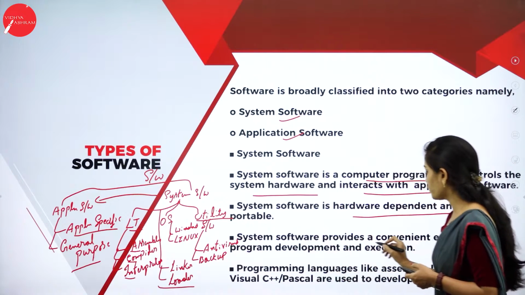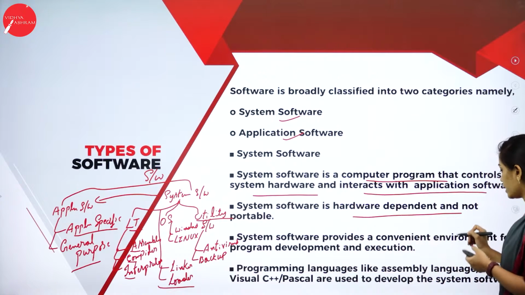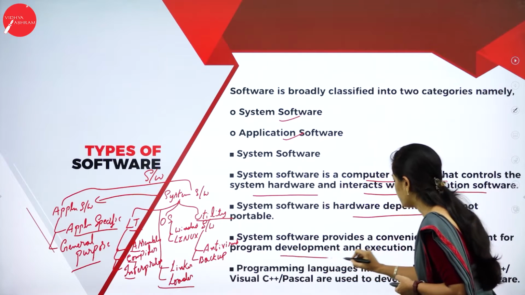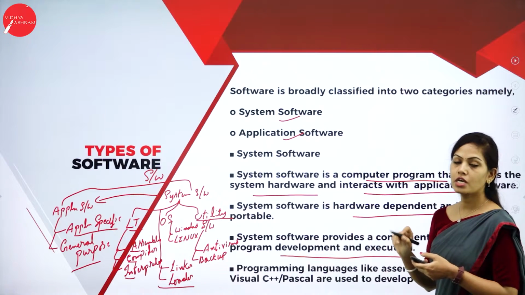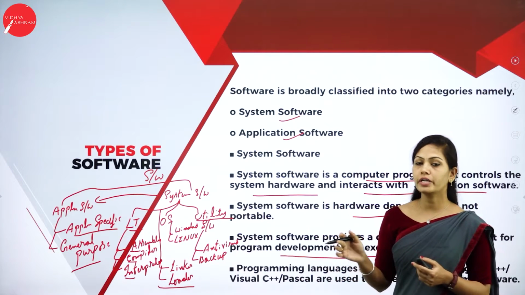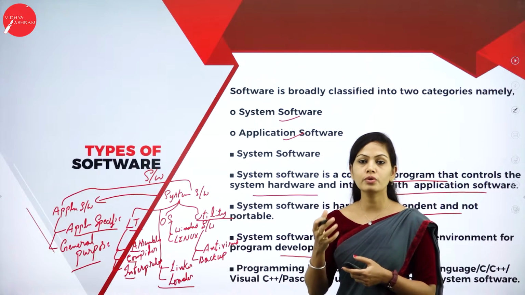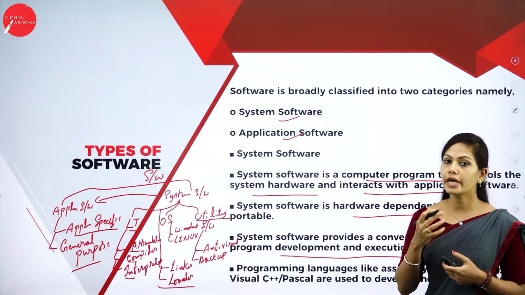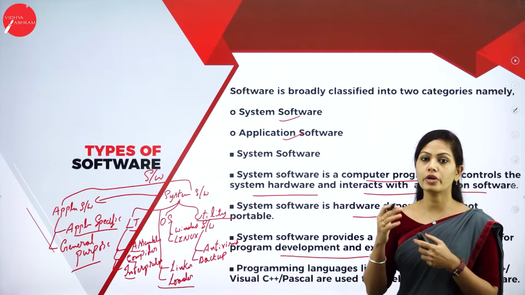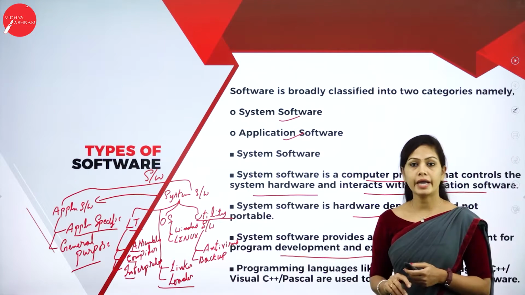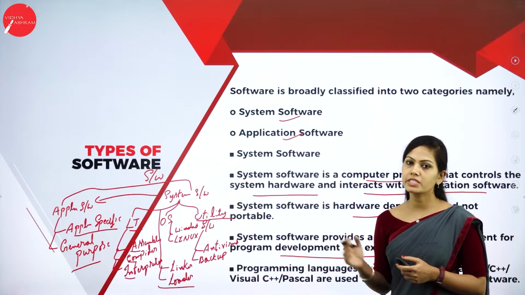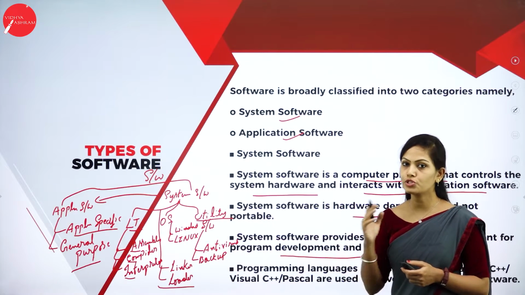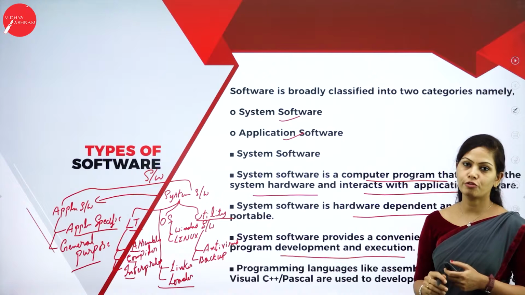And system software provides a convenient environment for program development and execution. So this system software helps the user to execute the program easily. And we have different programming languages like C, C++ used to develop system software.